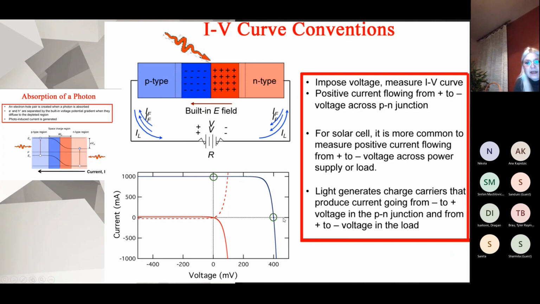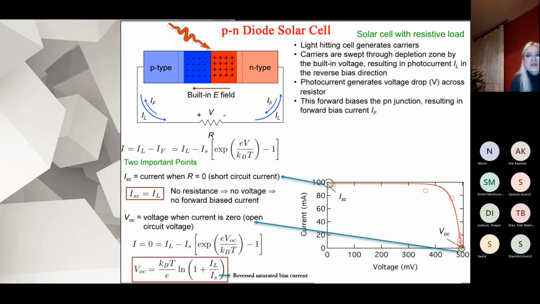And in the next and last slide, we're going to see how we can express these two points. These two points are quite important because they participate in the expression for the efficiency of the solar cell.